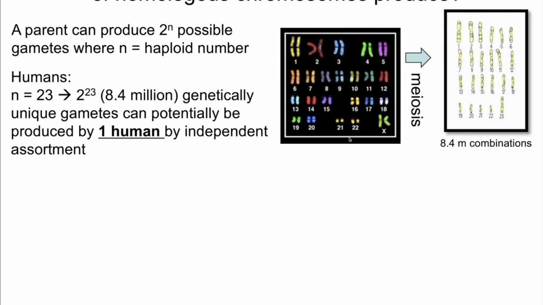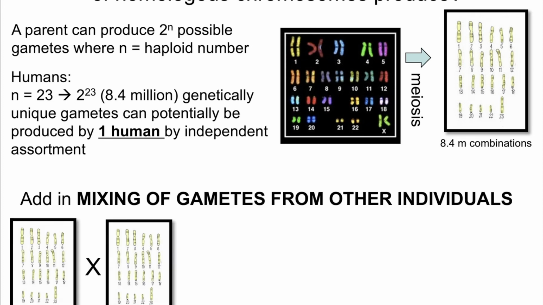So if this is the parent cell, meiosis can produce 8.4 million different combinations of these 23 chromosomes, depending on whether you get this version of chromosome 1 or that version of chromosome 1, or this one versus that one of 2, and so on and so forth. You can get 8.4 million different combinations of these 23 different chromosomes because of independent assortment, okay?